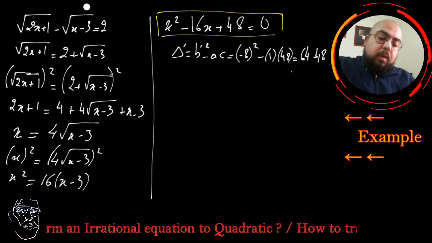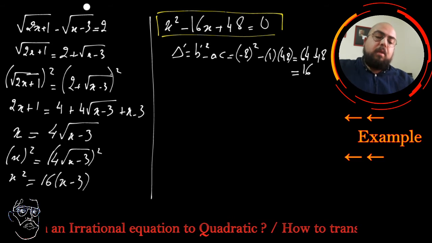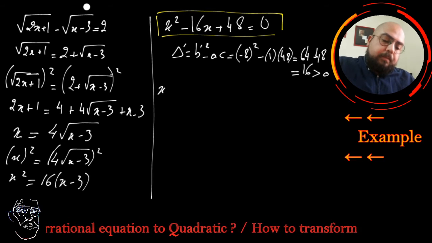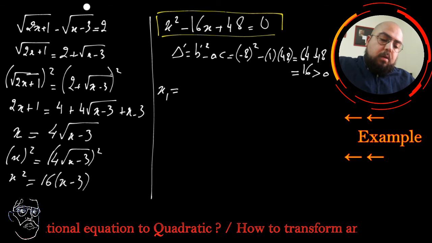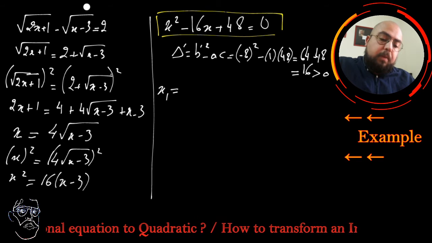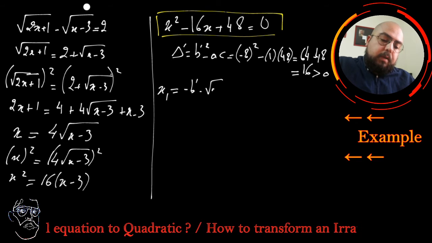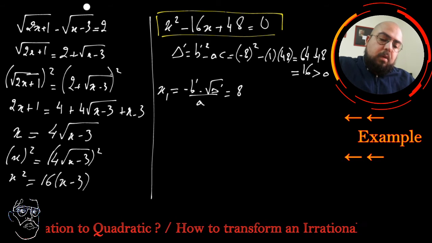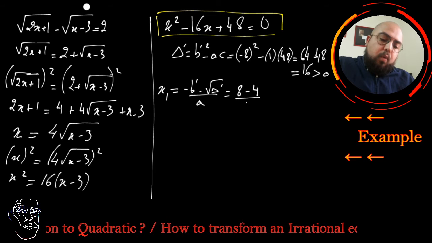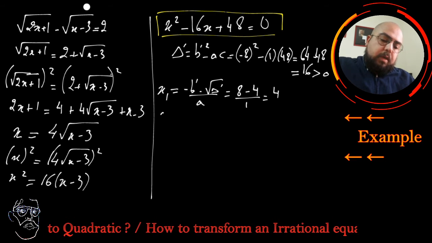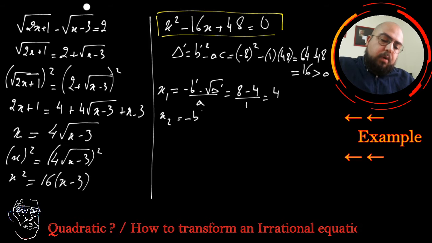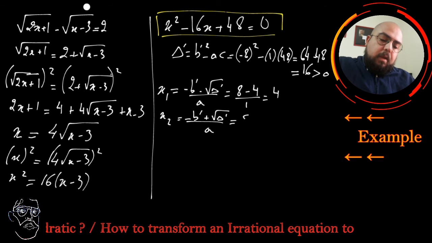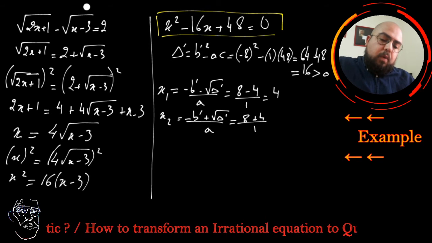So it will give me 16. Delta prime is positive. I will have two real distinct roots. x1 is equal to minus b prime minus square root of delta prime over a. So 8 minus 4 over 1, so it's 4. As for the second one, x2 is equal to minus b prime plus square root of delta prime over a. So it's 8 plus 4 over 1, it's 12.